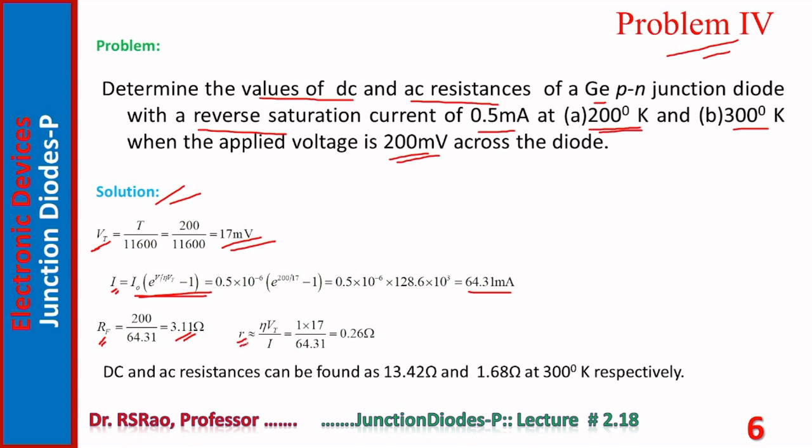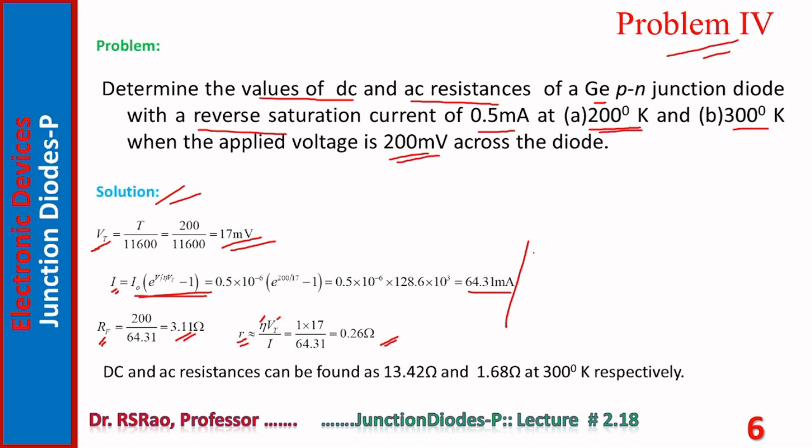Now AC resistance. Dynamic resistance is eta Vt by I. It is a germanium diode, therefore eta is 1. Vt already found, 17 millivolts. I is already determined, it is 64.31 milliamperes. Substituting, one can find R. It turns out to be 0.26 ohms.